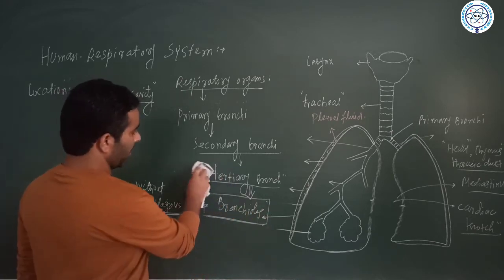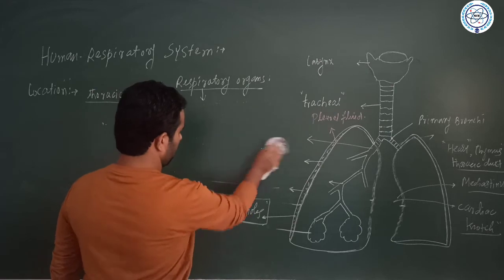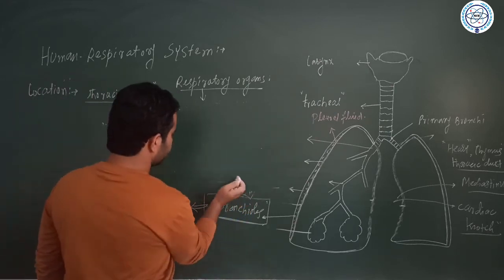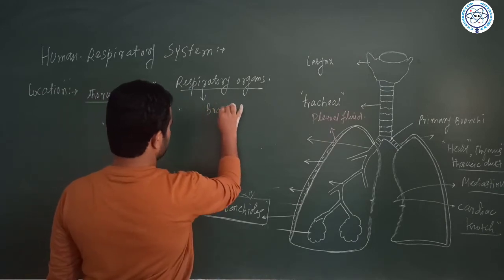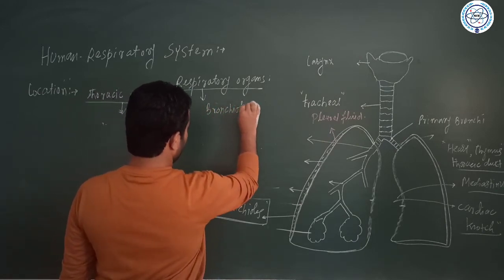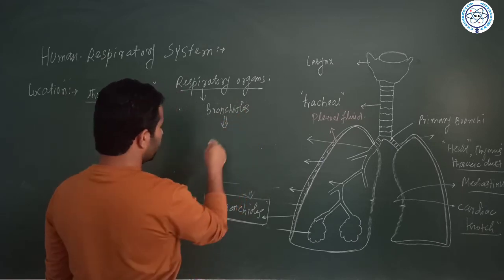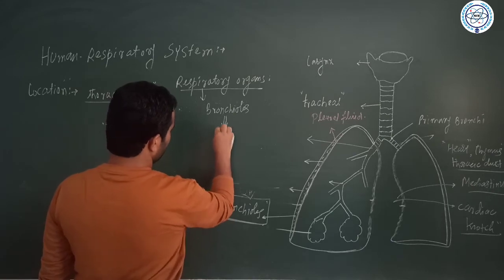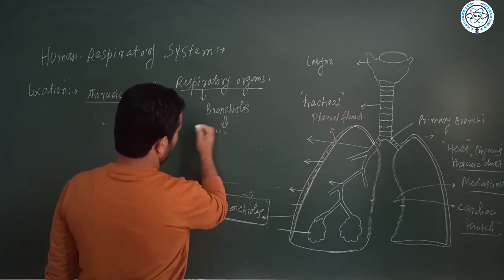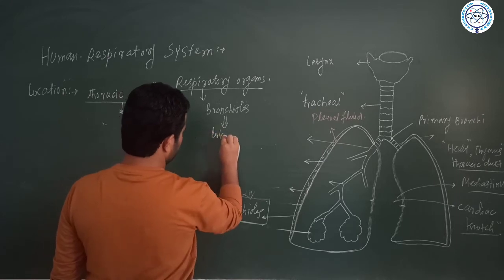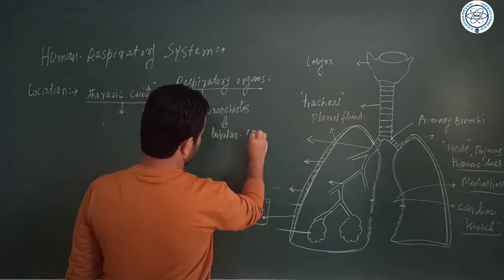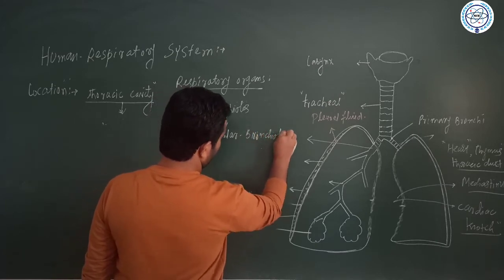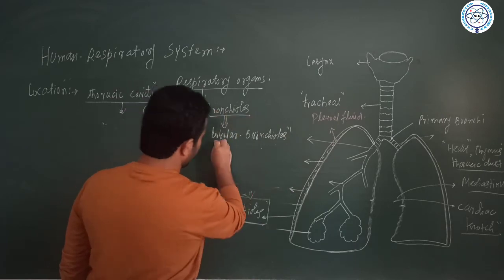Now there is again redivision. The bronchioles themselves divide into many fine branches. Let me write here, bronchioles onwards. These bronchioles divide into smaller branches called lobular bronchioles.